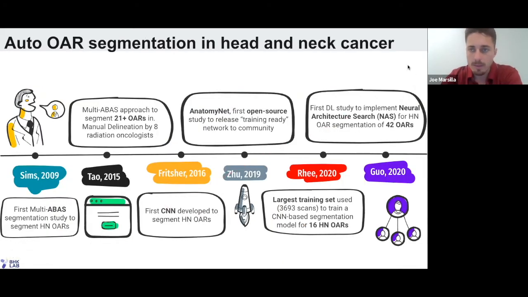And just an overview of the AI segmentation methods that have been published in this space. Really, the onset of deep learning didn't begin until 2015. Before that, there was a technique called multi-atlas based auto segmentation that used physics and deformation to adjust contours for a new patient.